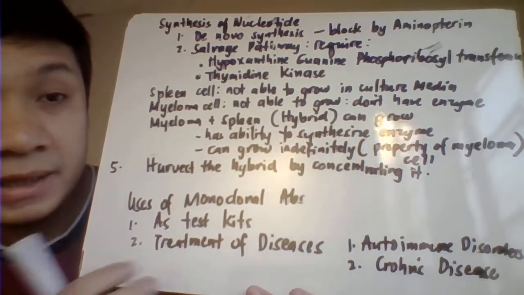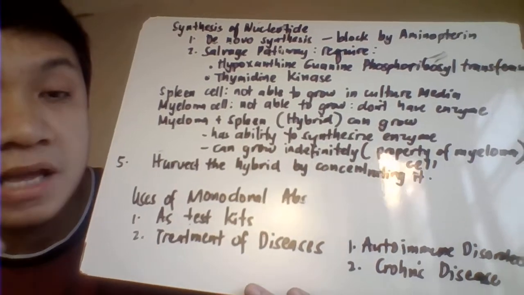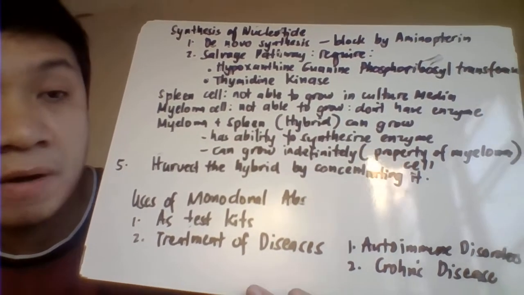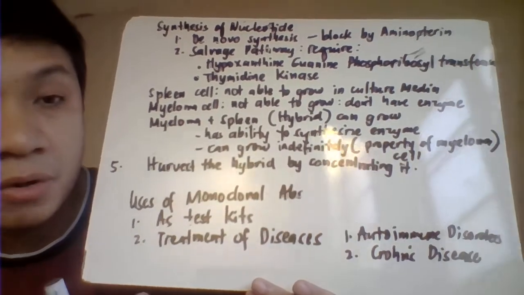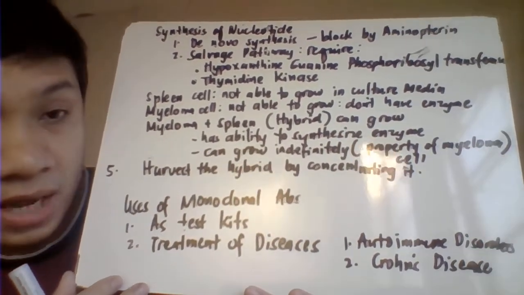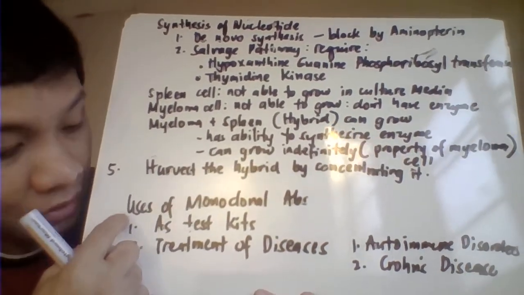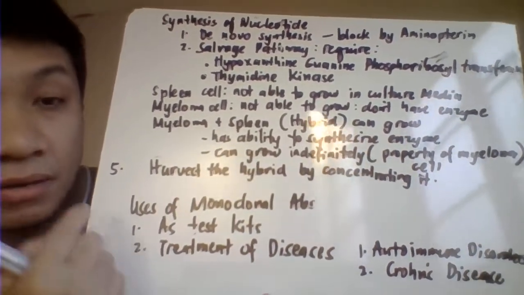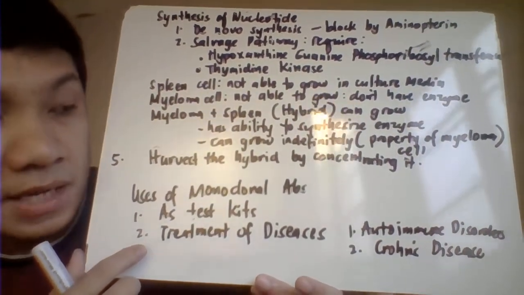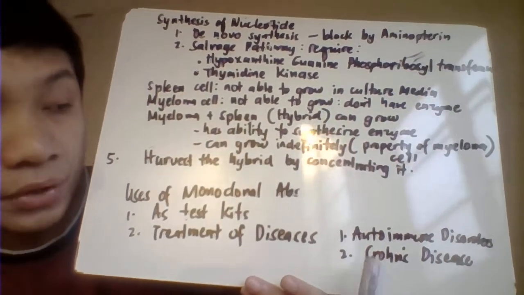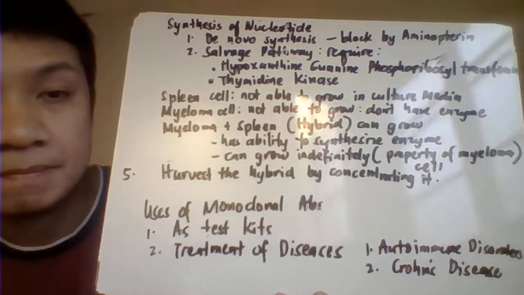So, the test kit membrane can be impregnated by your monoclonal antibody directed towards your human chorionic gonadotropin na antigen in your sample. So therefore, that one is being utilized or applied on this. Another one, monoclonal antibodies could also be used here as a treatment for different autoimmune disorders. And of course, we have here your Crohn's disease and many others.